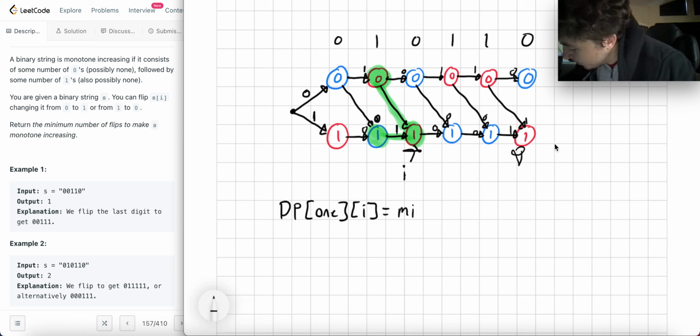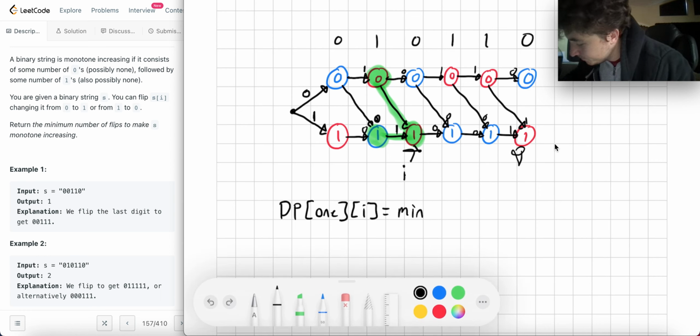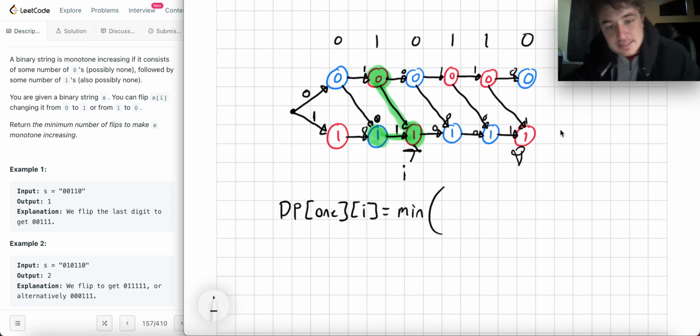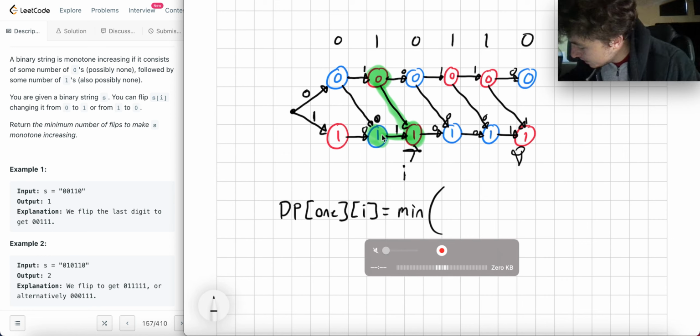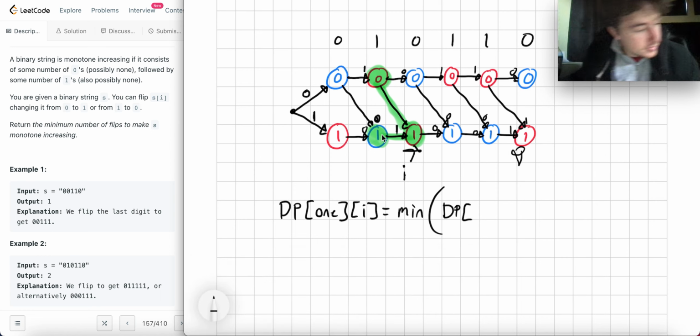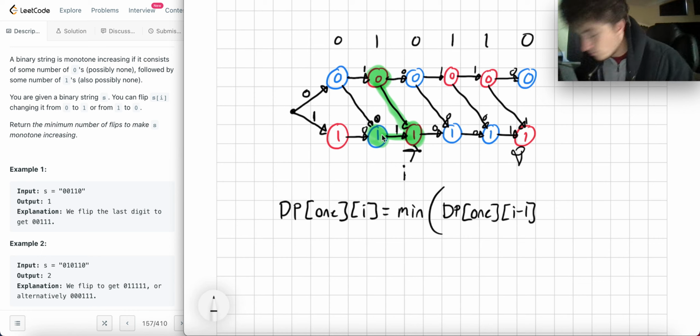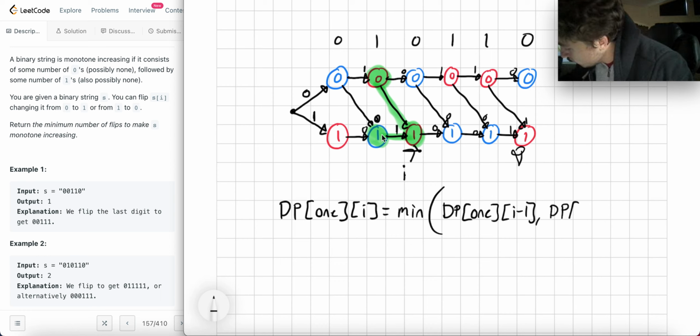well, I want the minimum path of, I can either take this path, which is also DP of 1, but from the previous iteration, right? Or I can take DP of 0, which is this one from the previous iteration.